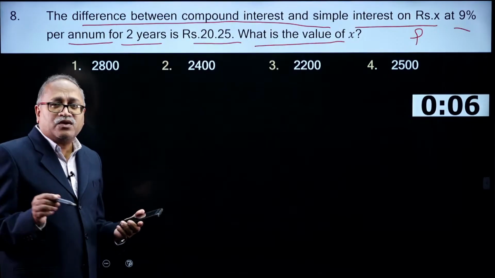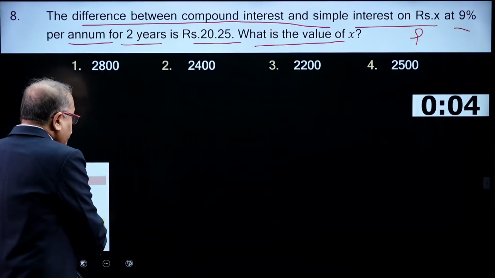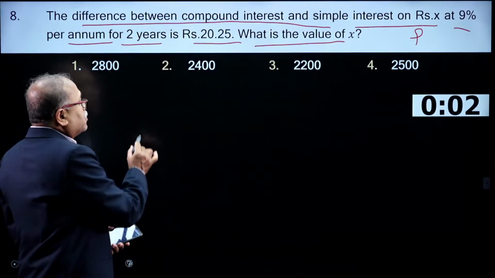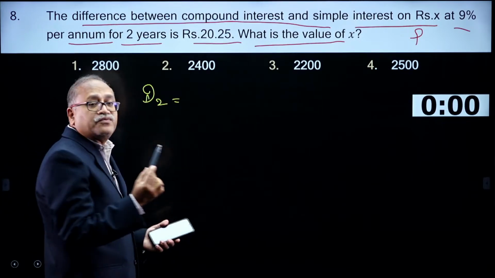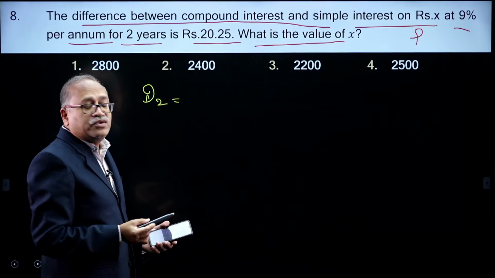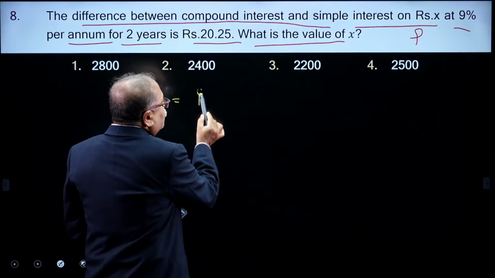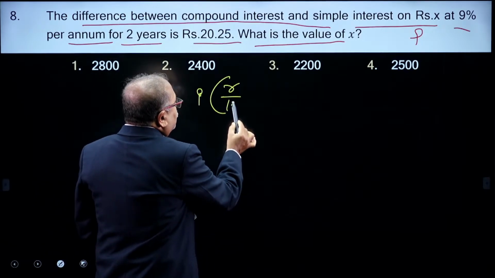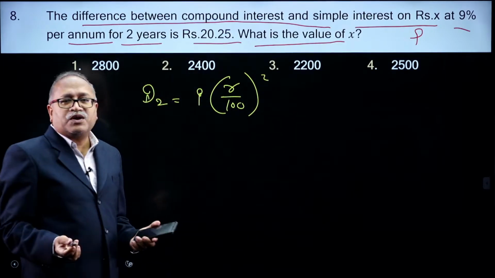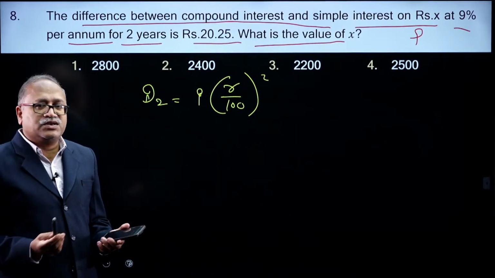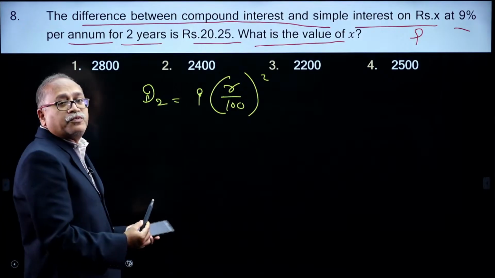So, probably you are directly working on it. There is a small formula, we do not need to remember so many formulas. There is nothing wrong if you remember one formula: D2, the difference of simple and compound interest for 2 years, is equal to P into (R/100) to the whole power 2. It is a very small formula.